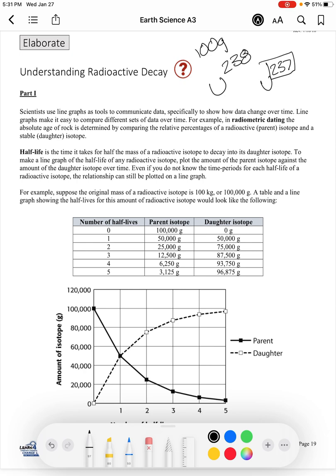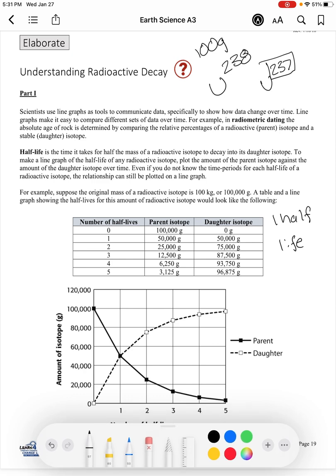Now, we're not going to go into all of that, but what matters is that in the span of one half-life, the parent isotope loses 50% of its mass, and that 50% is now a new daughter isotope.